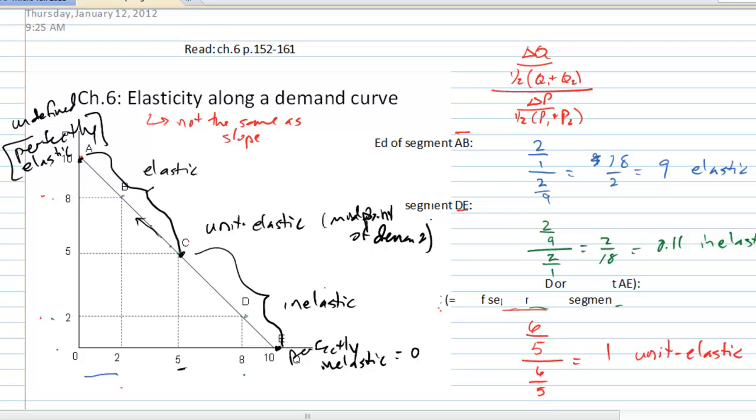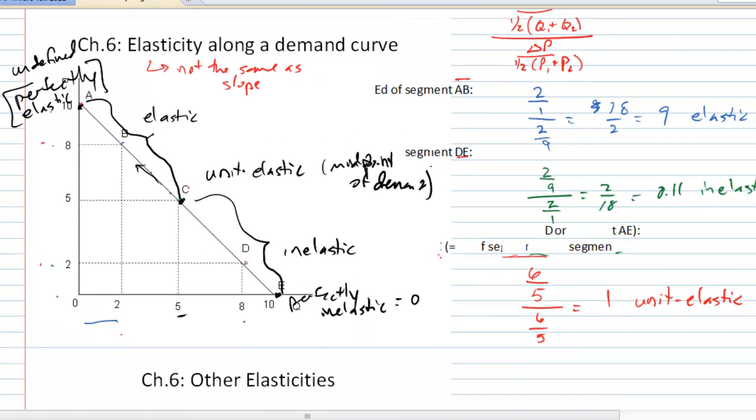We're going to make a lot of use of that as we analyze producer behavior later in the semester. So basically what we're showing is that we've got two different segments of a demand curve where that relationship is always there. We can also say one more application of this. Remember we talked about the relationship between total revenue and raising your price, and whether the demand at that point is elastic or inelastic.